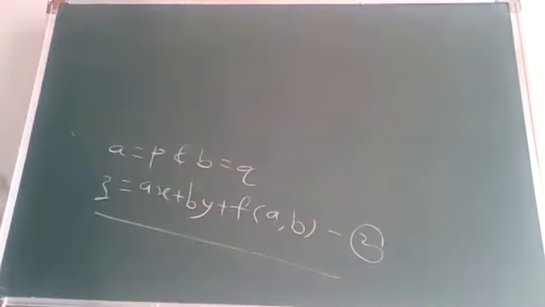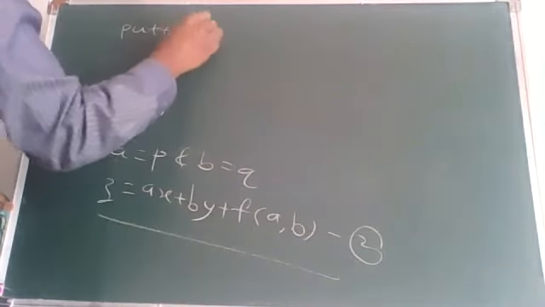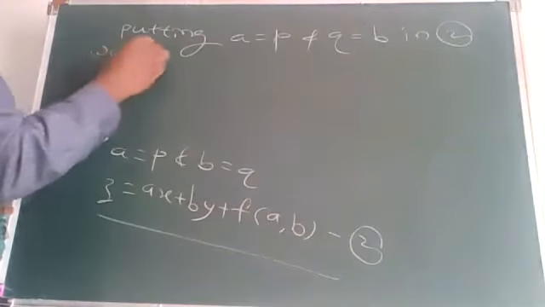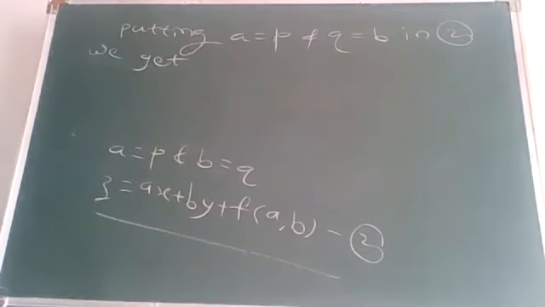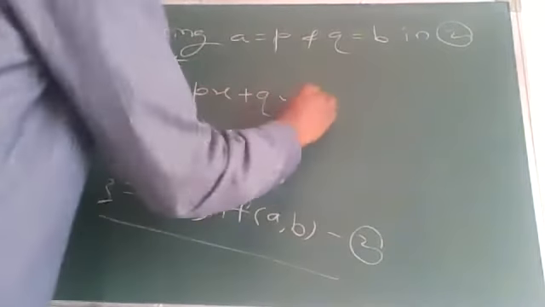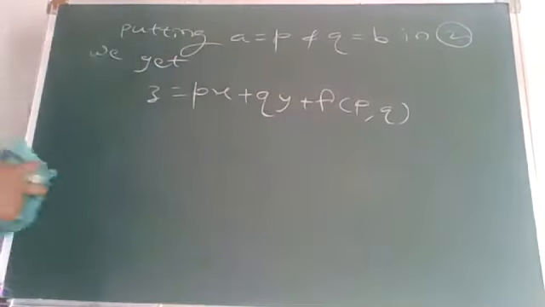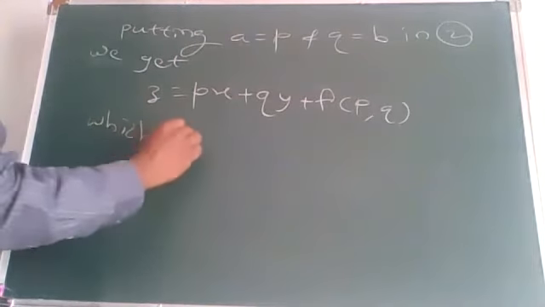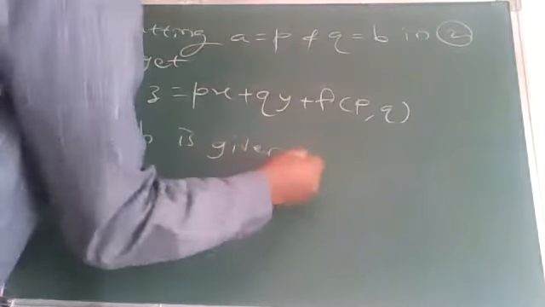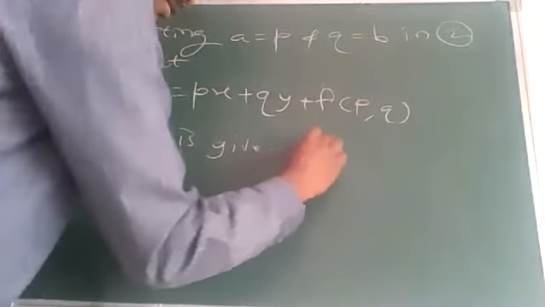Very easy. Putting a equal to p and b equal to q in equation 2, we get z equal to px plus qy plus f of pq, which is the given partial differential equation.